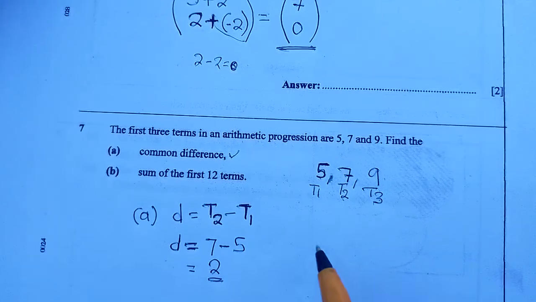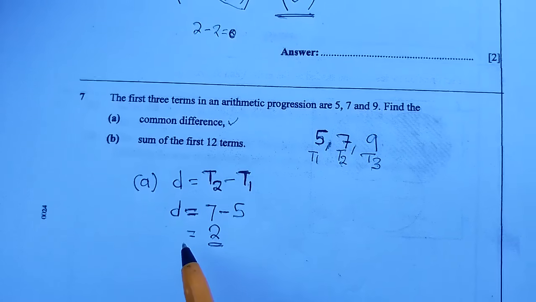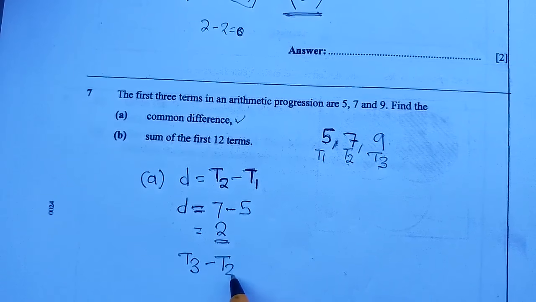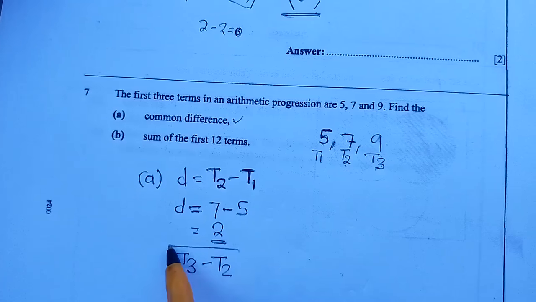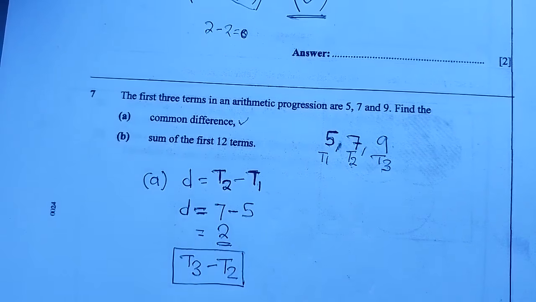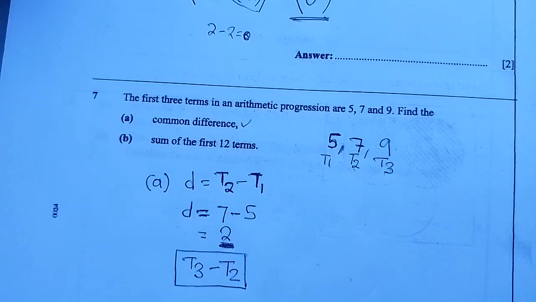You say T2 minus T1, or you can say T3 minus T2 like this. You can still use this same formula. You still get a 2 there as your answer. So the common difference is 2.